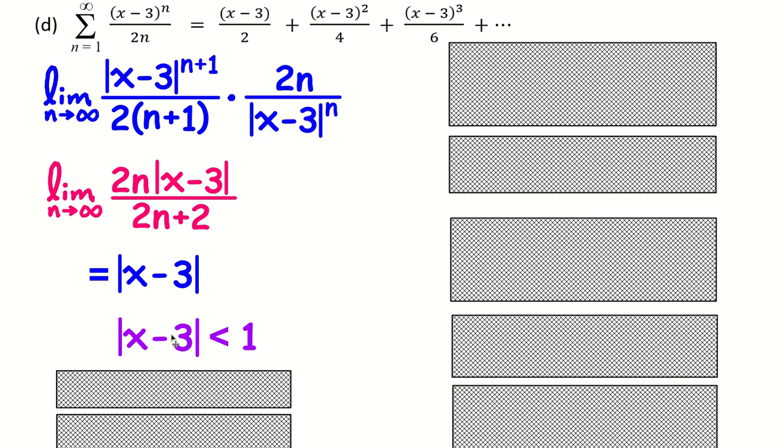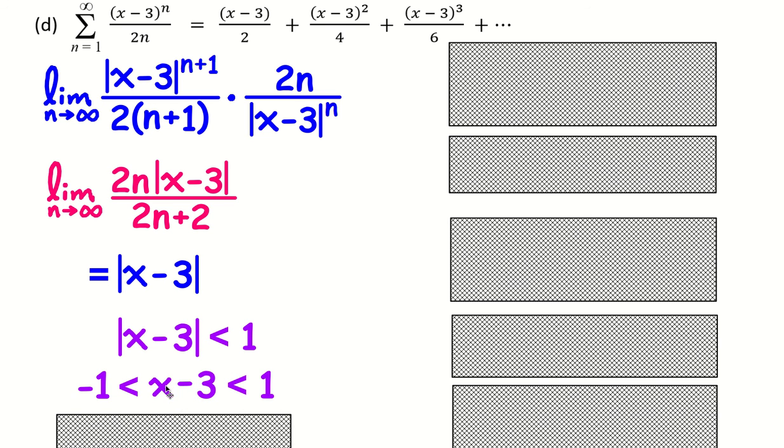Now, when you have this absolute value involved, that means it's going to be less than 1 and greater than -1, and so you're able to write this out. This is just absolute value algebra. And so here is your interval so far, but then you've got to finish solving for x.